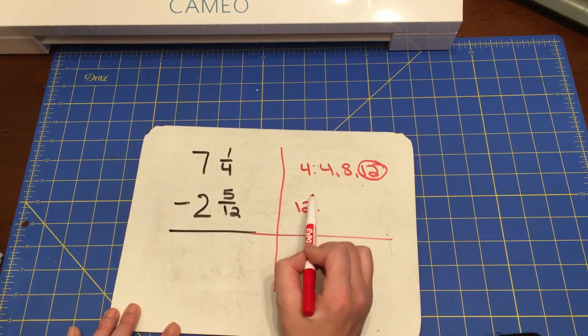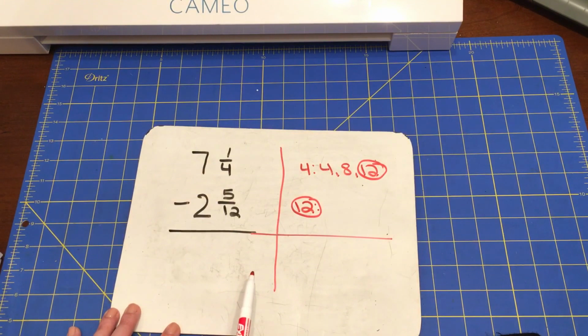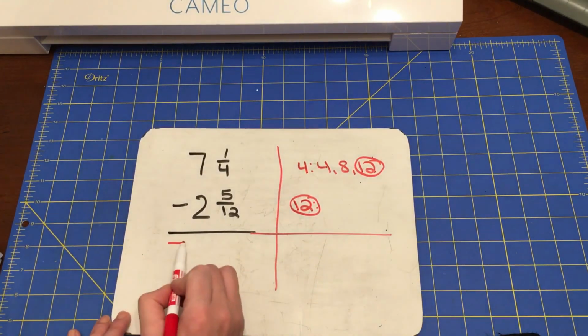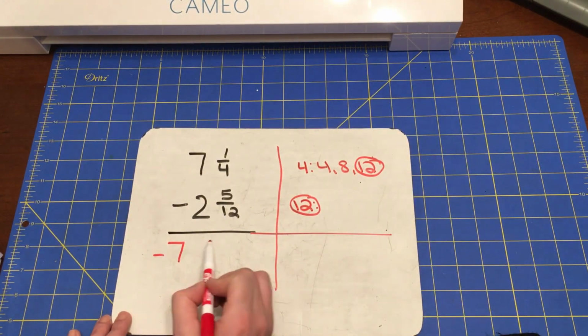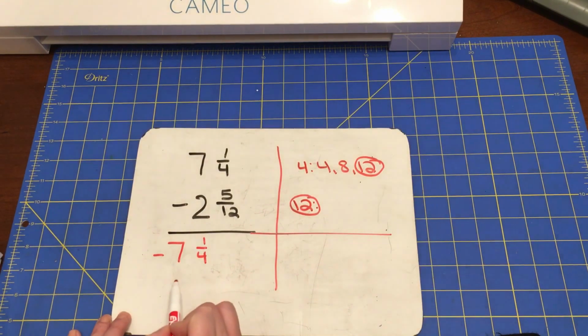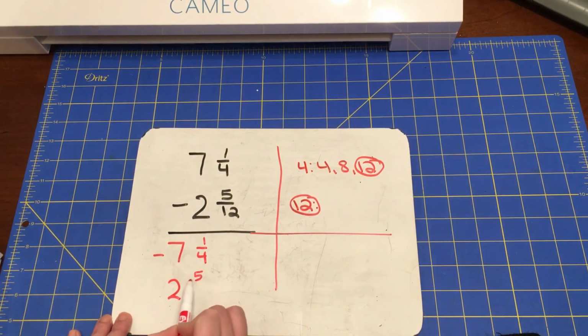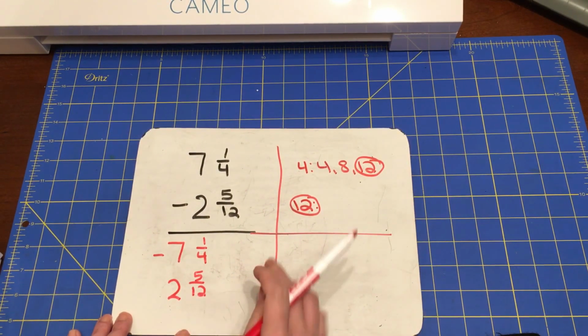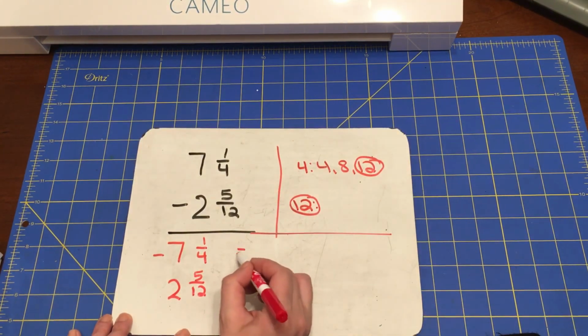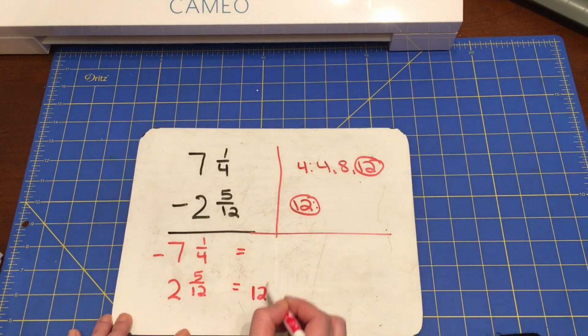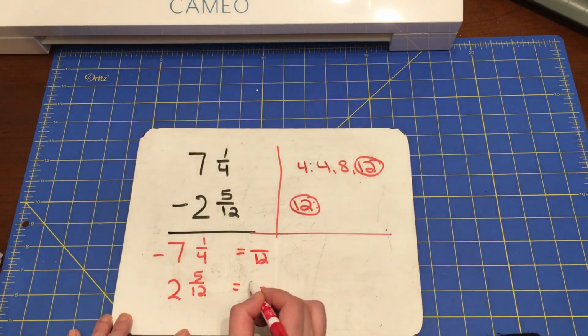So I know 12 is going to be my new denominator. So I'm going to rewrite my problem. So 7 and 1/4 minus 2 and 5/12. I'm going to convert both of the fractions to have 12 as the denominator.